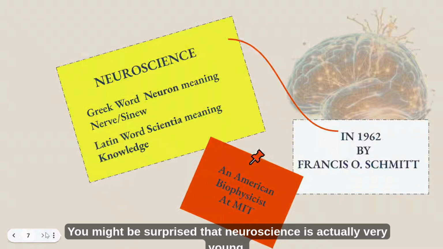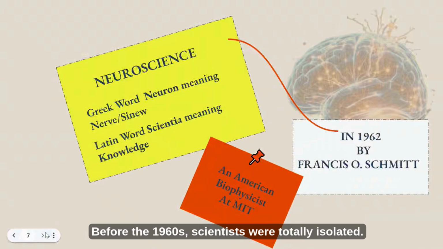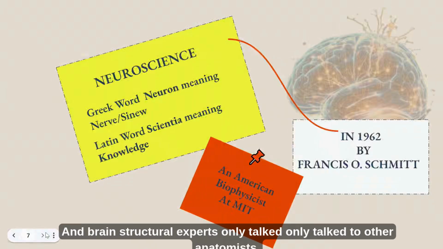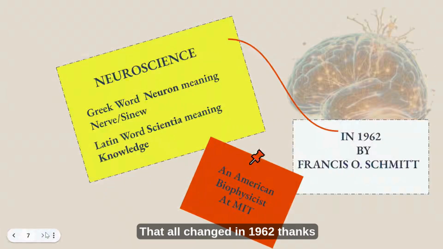You might be surprised that neuroscience is actually very young. Before the 1960s, scientists were totally isolated. Brain chemists only talked to other chemists, and brain structural experts only talked to other anatomists. That all changed in 1962 thanks to the man on the white card, Francis O. Smith.